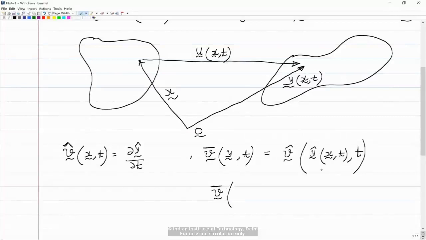There is basically an inverse map also. That means you have an Eulerian function x bar, because it depends on y and t.